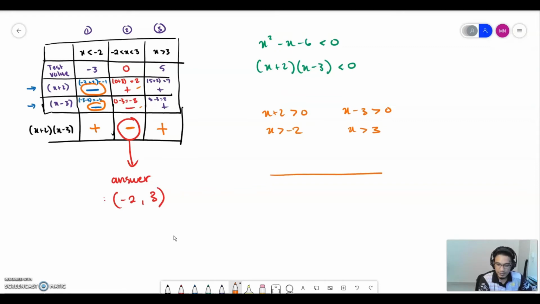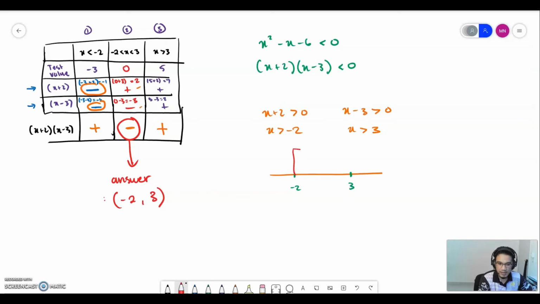So for the real number line, you have to draw a line, with -2 and 3. For table of sign, you have to draw a table. For real number line, you have to draw a line. Written here is x bigger than -2.